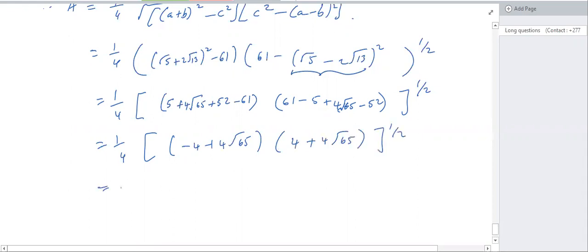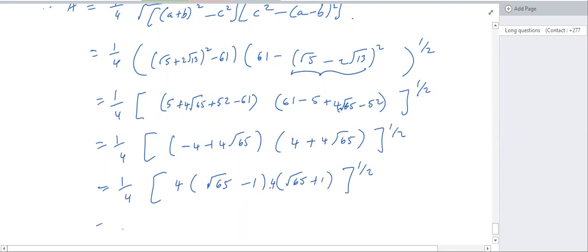What we can say is quarter into, let's take out a 4 from here and rearrange. 4 into square root of 65 minus 1, and take out another 4 here, into root 65 plus 1, all to the power half.